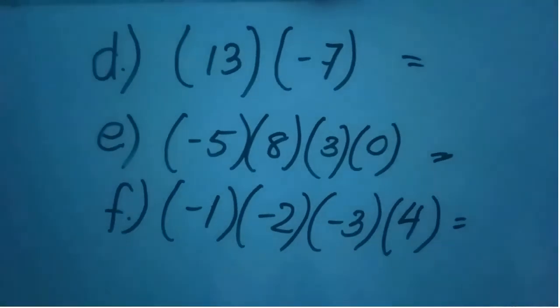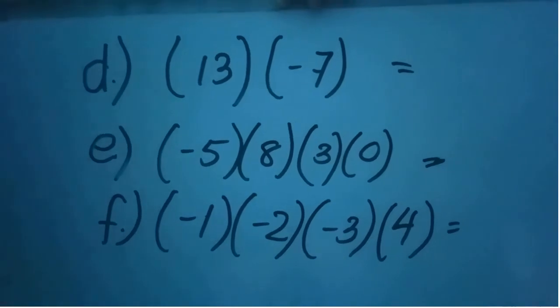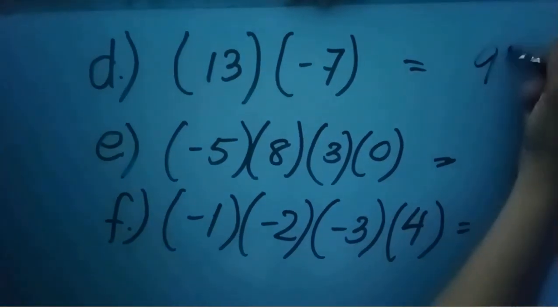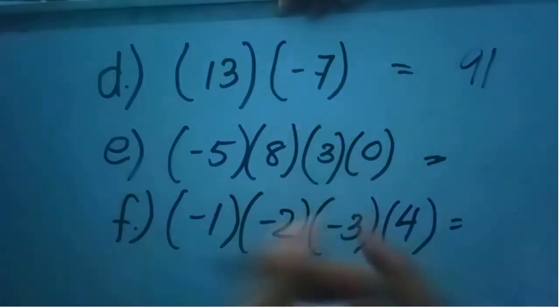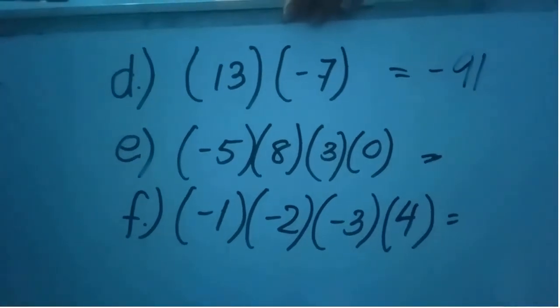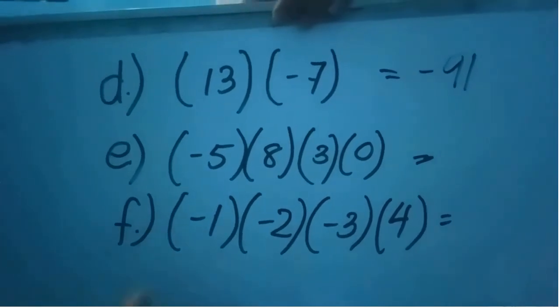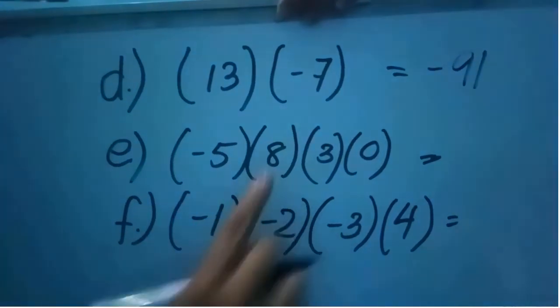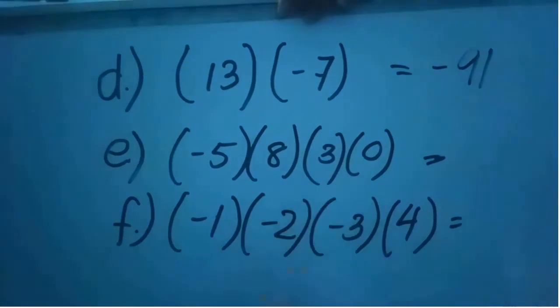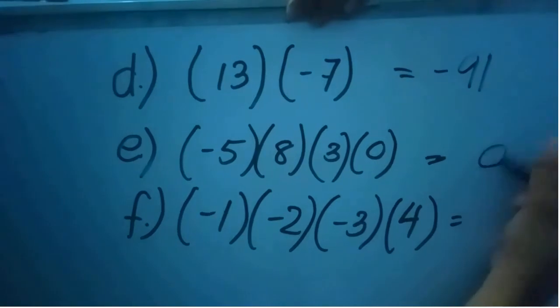Another example, letter D, we have 13 times negative 7. 13 times 7 is 91. Then, we have unlike sign, so we have negative 91. Another example, letter E, we have negative 5 times 8 times 3 times 0. Negative 5 times 8 is negative 40, times 3 is negative 120, times 0 is equal to 0.